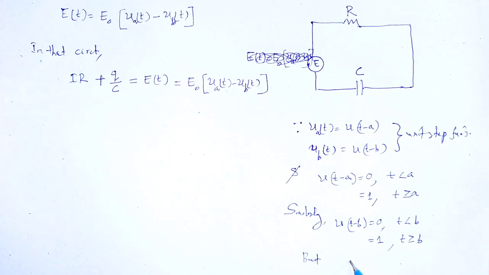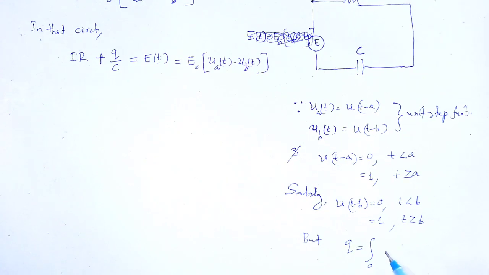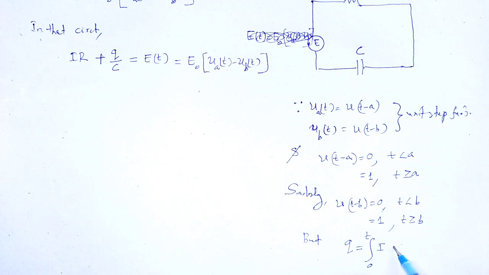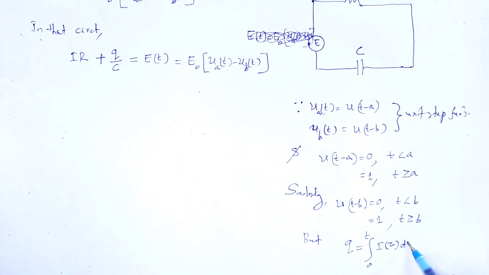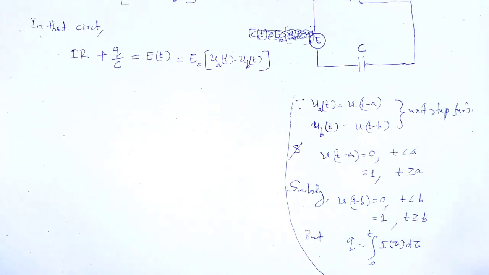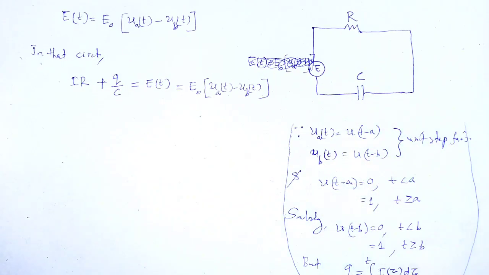And the charge is the integration over the time 0 to t of the current as a function of time, let tau be the time, d tau. These are some basics for the RC circuit.